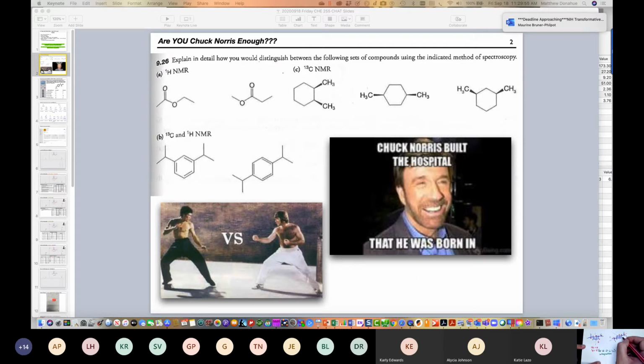Oops, sorry, 3. This would be a 4, and a 4. So all the 1s are the same, all the 2s are the same, the 3s are the same, and the 4s are the same.